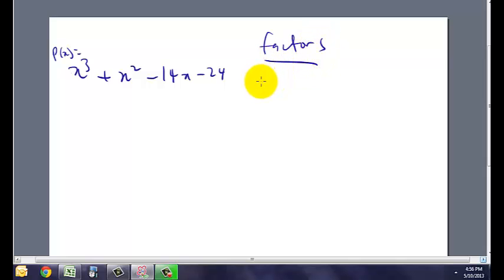Now, that would probably be the hardest question asked. And the reason why that's hard is because you don't know what to divide it by, right?